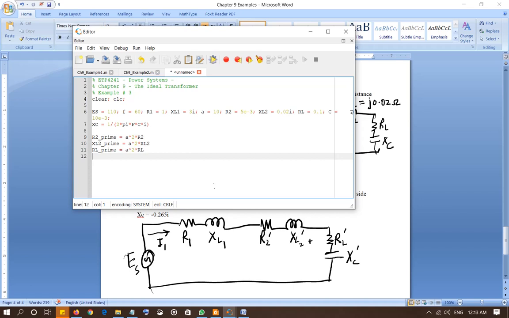So that will calculate all of the values that are reflected on the primary side.